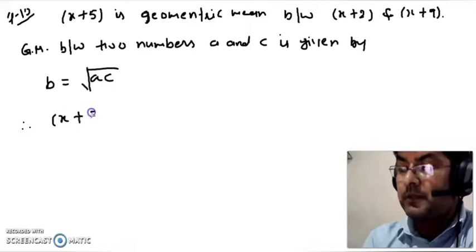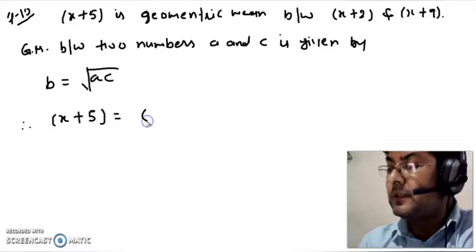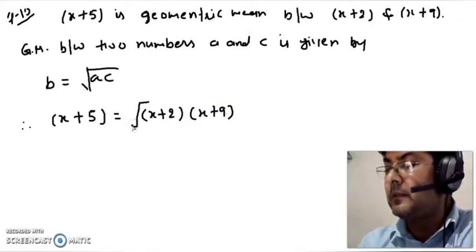so x plus 5 is equal to square root of AC, that is x plus 2 into x plus 9.